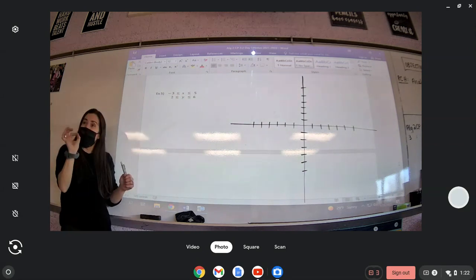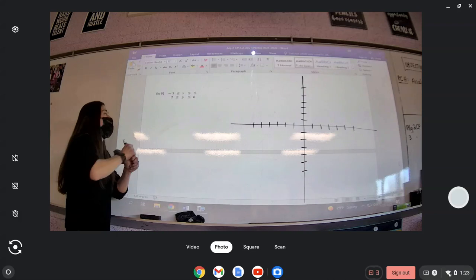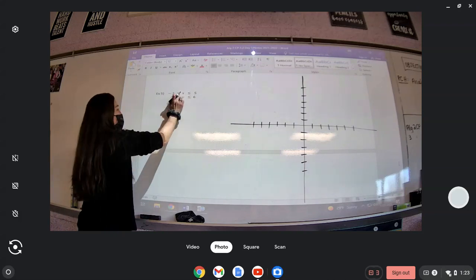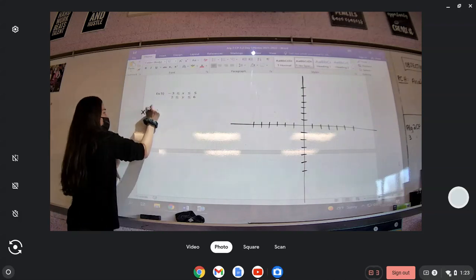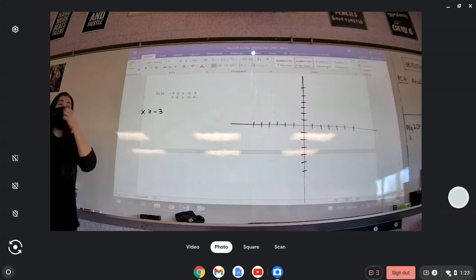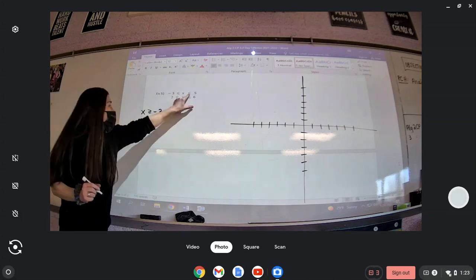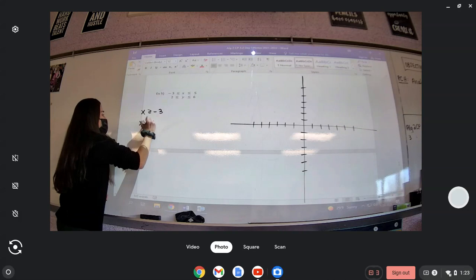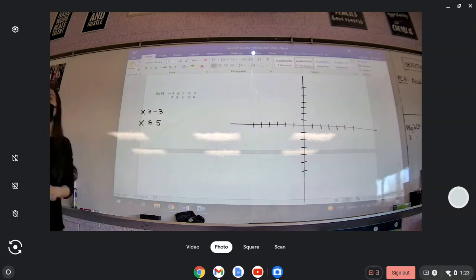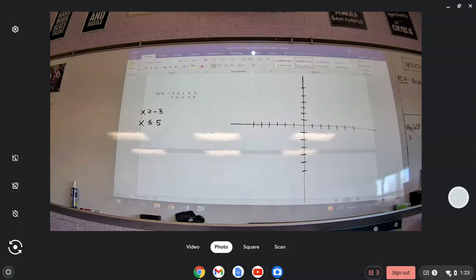But if you read it from x's point of view, there's 2 things going on. X has to be greater than or equal to -3. That's one condition. And X has to be less than or equal to 5. So guys, that's 2 inequalities that we have to grab and see where they overlap, because we want to make sure we meet both of those conditions and make both statements true.